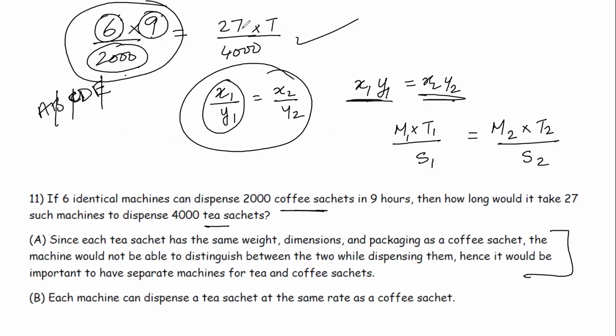Second expression, 27 machines, time is what we need to find out for 4000 tea sachets. Okay. And if we solve this, 9 goes into 27 3 times, 3 goes into 6 2 times, 2 goes into this 1000 times, and this 1000 goes into this 4 times. So therefore, time 2 is basically 4 hours.